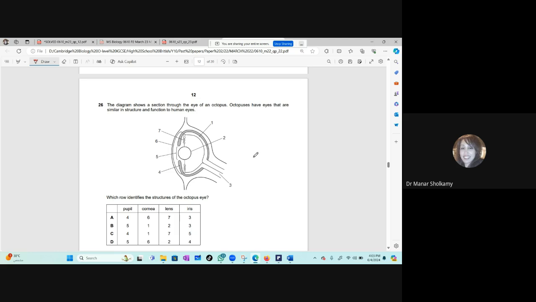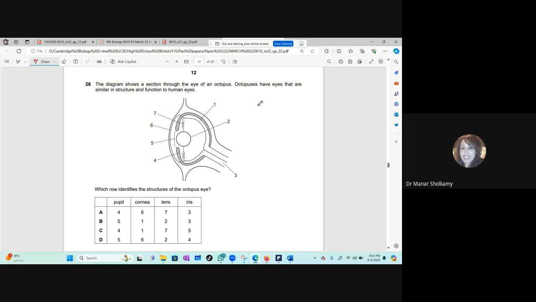The pupil. 4. No, the pupil is the opening that allows the entrance of light. No, it's 5. So the pupil is 5.